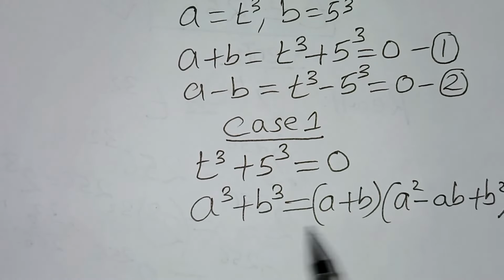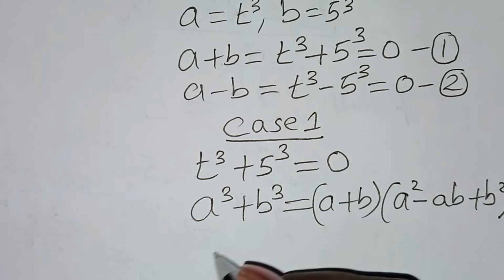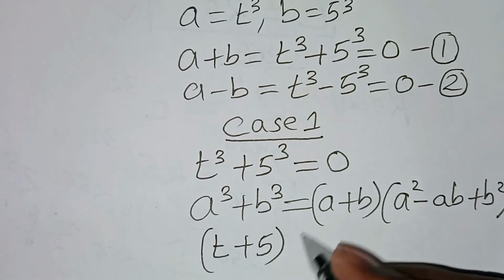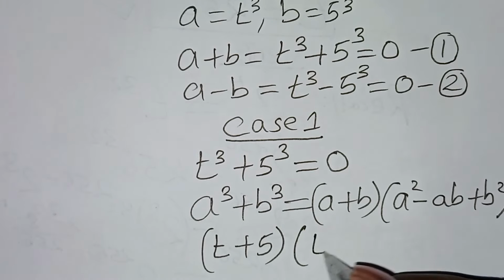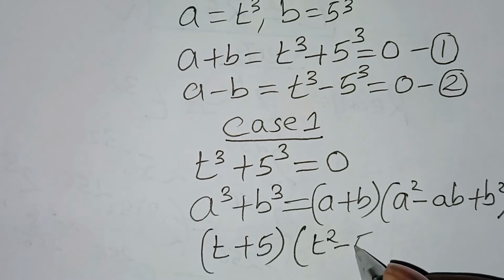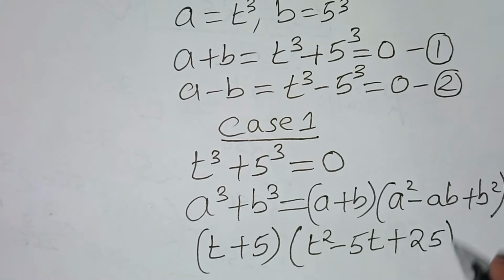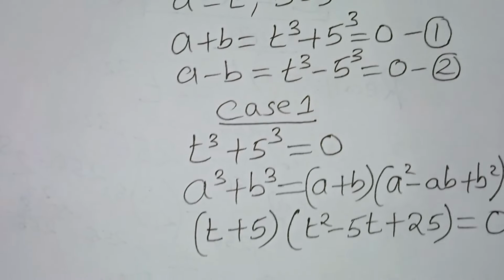Applying this identity, here we'll have t plus 5, and here we'll have t squared, subtract 5t plus 5 squared, which is 25. This is equal to 0.